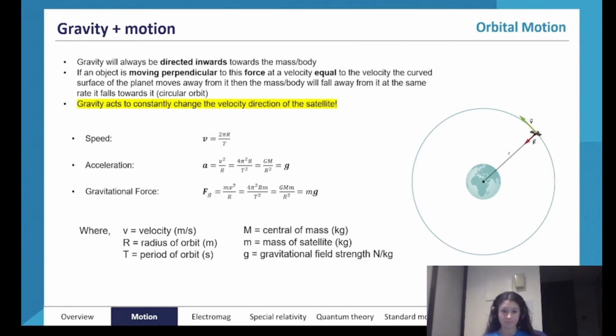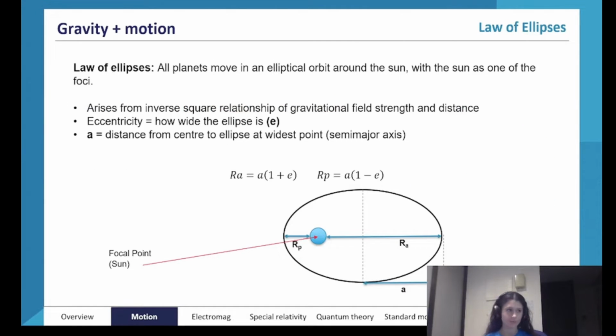Okay, so moving on to the law of ellipses, and this is one of Kepler's laws. So the law is that all planets move in an elliptical orbit around the sun, with the sun as one of the foci. So all of this maths down here, you don't need to know, but it is good to understand.